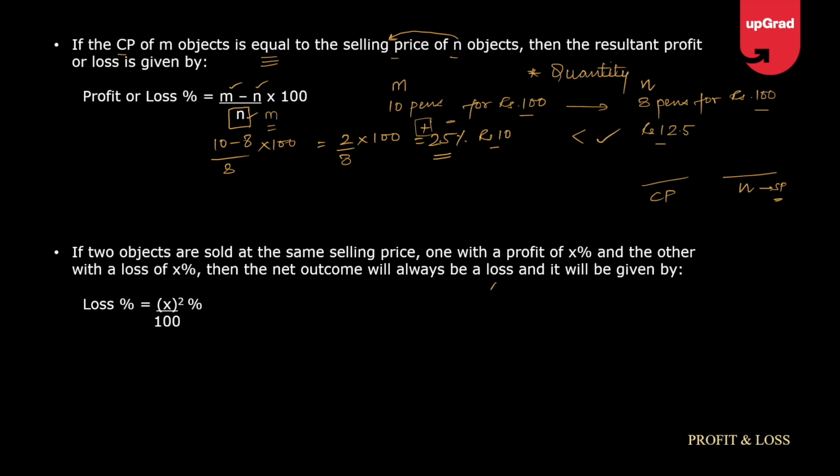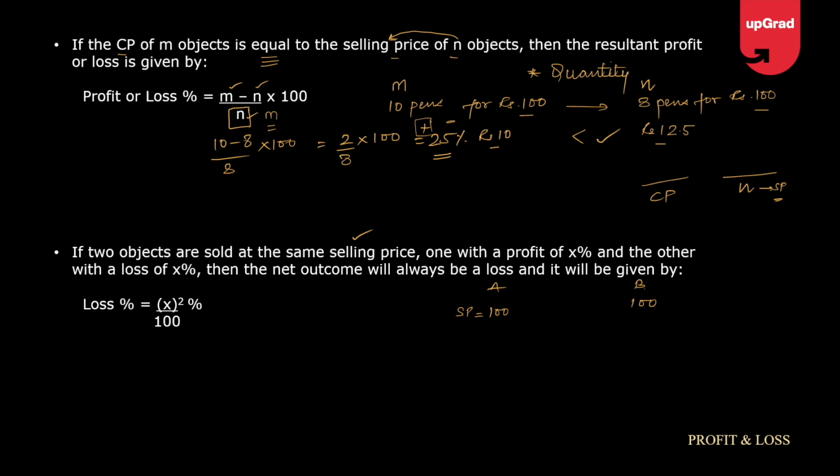Suppose there are two products, product A and product B. According to the statement, they are sold at the same selling price. Let me assume their selling price is 100 and 100. It's always safe to assume 100 whenever we are talking in terms of percentage.